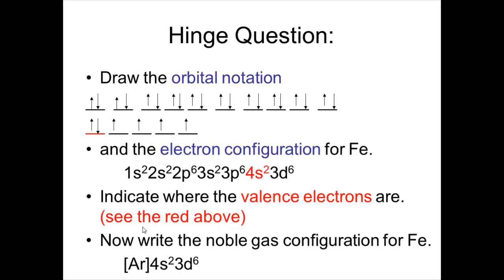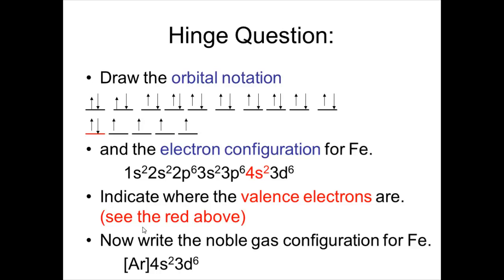The next part of the question is for you to determine where the valence electrons are for iron. Remember that valence electrons are the highest energy level S and P electrons for an element. So first, look at the configuration. Find the biggest energy level. Those are the big numbers in front of the letters. I've indicated in red where those are for iron.